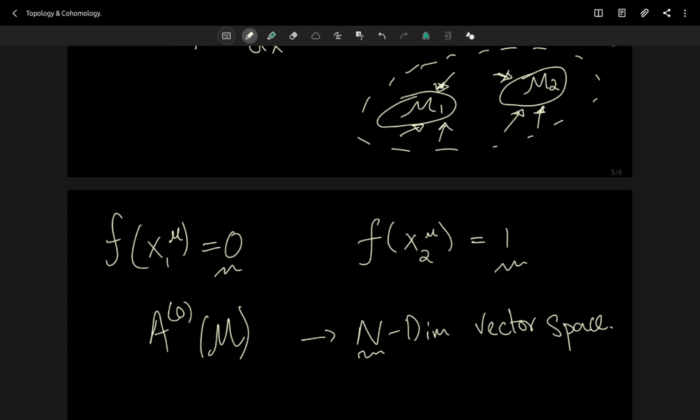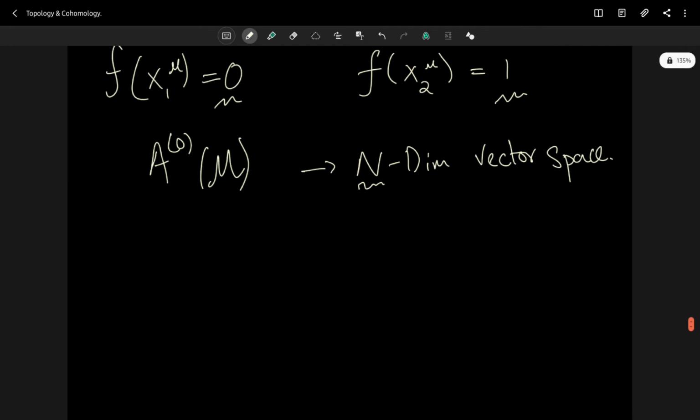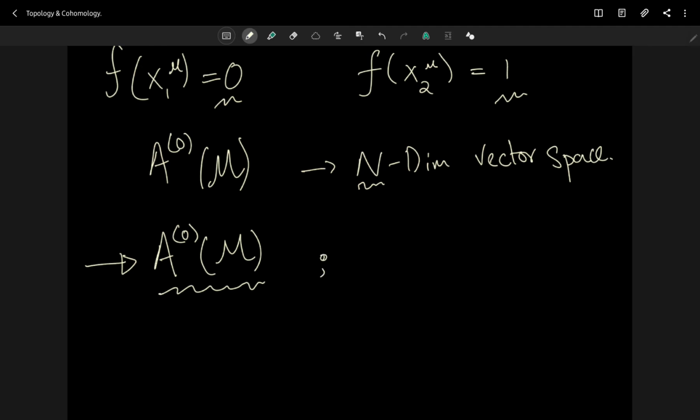So that is A0 of M. But so far we have talked about the closed forms. We also talked about the exact forms, so what about the exact forms?